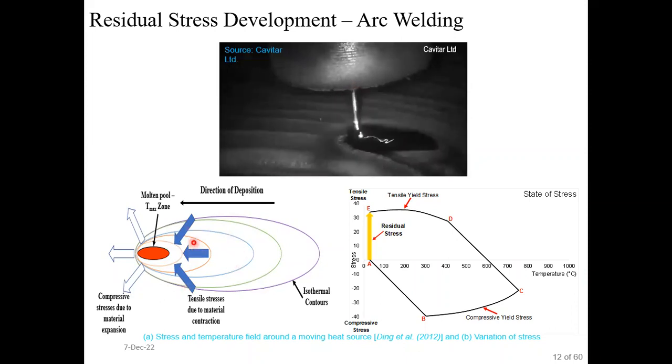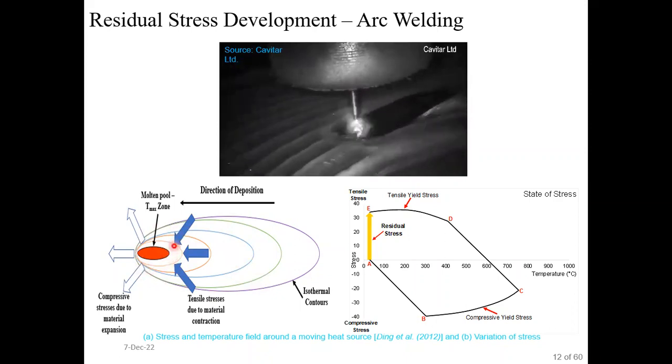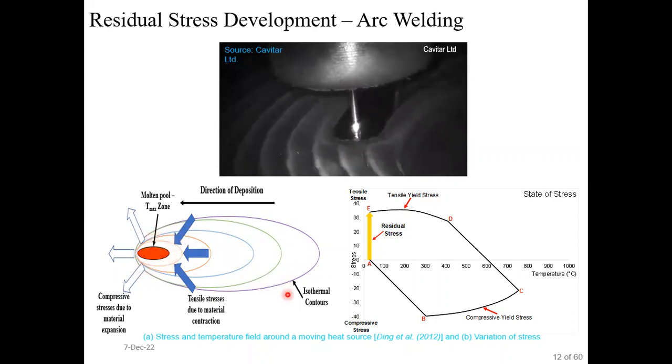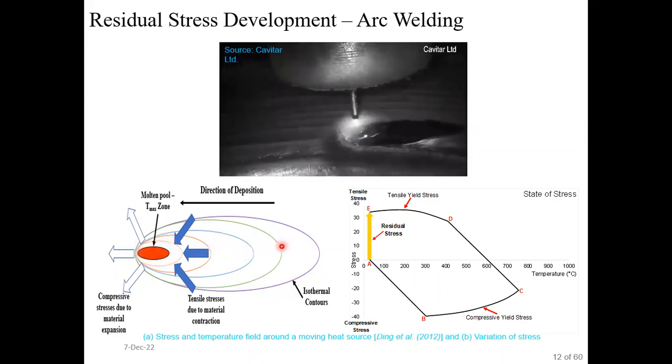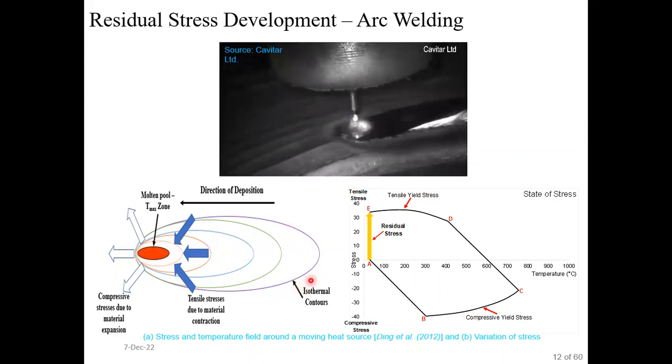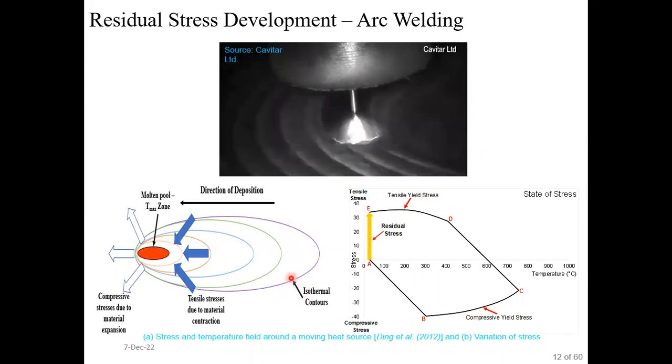So in this figure, we can see that this schematic is showing the formation of different isothermal contours, in which this small red ellipse is basically the molten pool. However, these bigger ellipses are showing different isothermal contours with different temperature values.